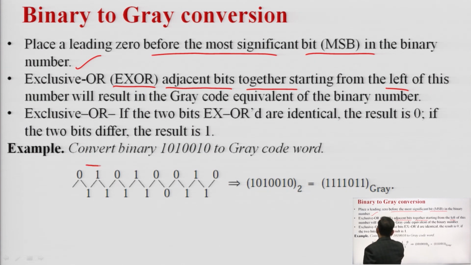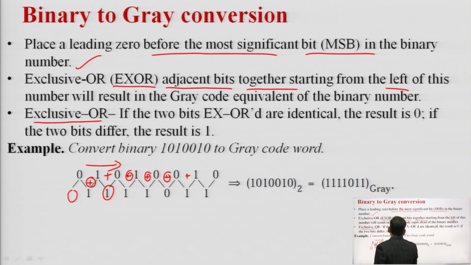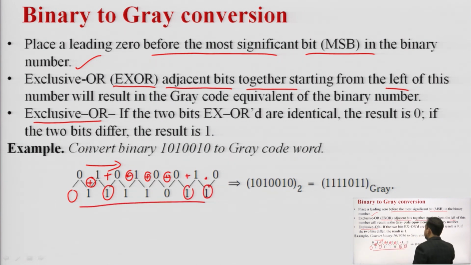So 0 XOR with 1 gives 1, again 1 XOR with 0 gives 1, and again we have 1, 0, 1, 1. So this is the answer: 1, 0, 1, 1. This is the gray code representation of the binary.